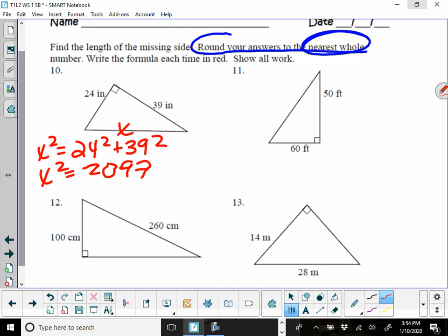You're going to use your actual calculator to find the square root of 2097, which is roughly 45.79. If we're rounding to the nearest whole, we look at the 7, and that 7 makes that 5 become a 6, so 46 inches.